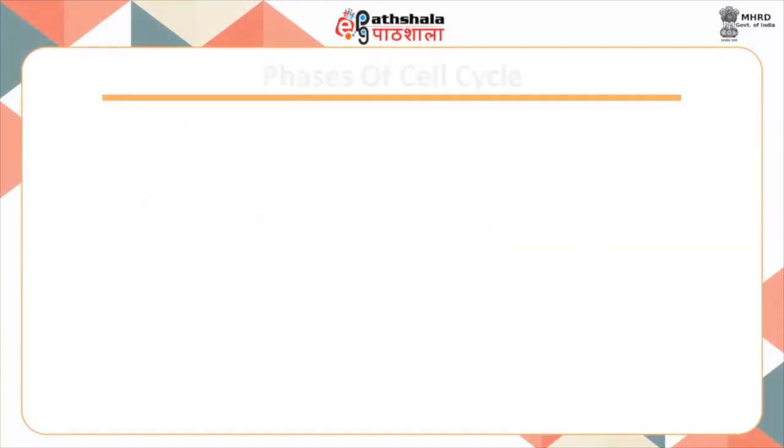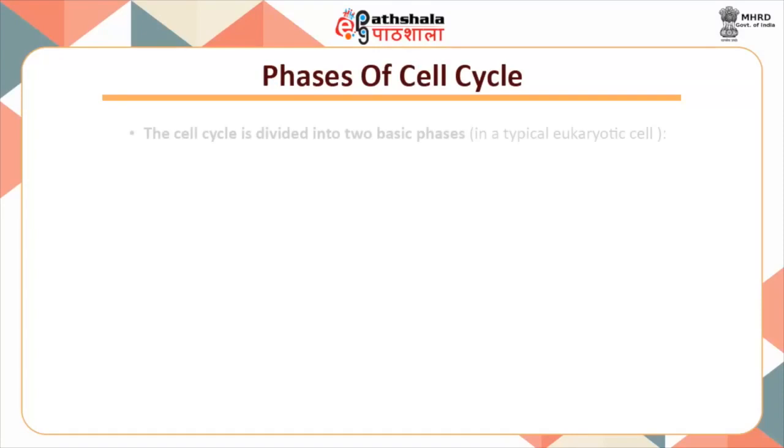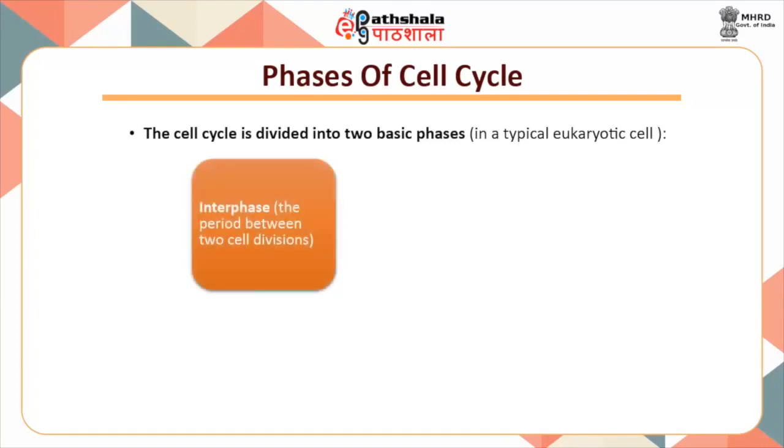Now come to the phases of the cell cycle. These are broadly divided into two phases: interphase and M phase. Interphase is the period between two cell divisions, which is further divided into G1, S and G2. The G1 phase, which is known as gap 1, comes immediately after the cell division phase.